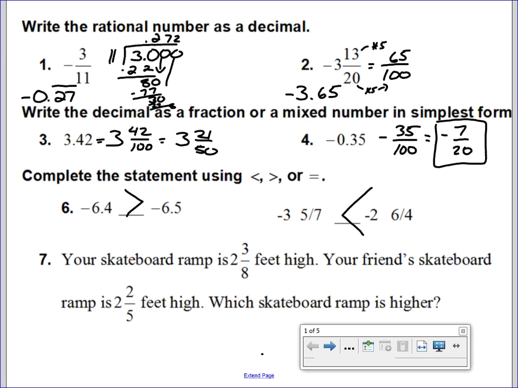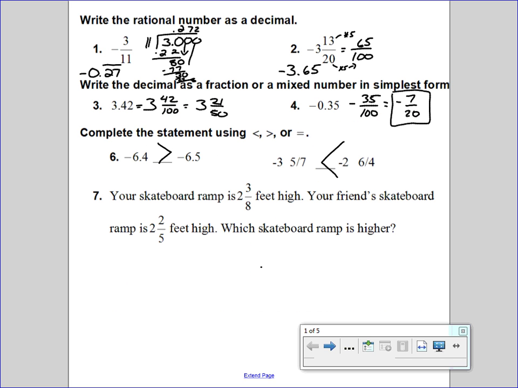Okay. So when I'm looking at 8ths and 5ths, many of us just go to 40ths. Is that right? So 2 2/5 is the same thing as 2 and 16 over 40. And 2 3/8 is the same thing as 2 and 15 over 40.